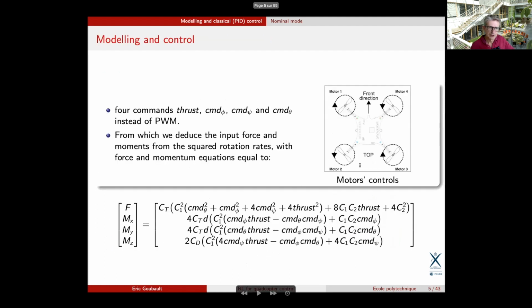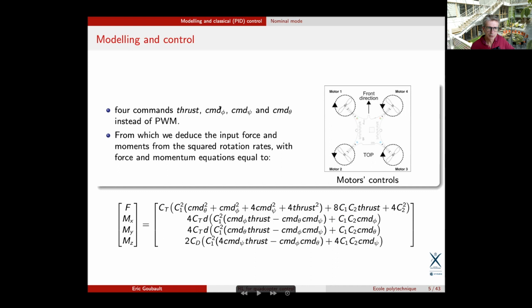Okay. So instead of controlling directly the angular rate of the motors themselves, the PWMs, the pulse width modulations, we're going to control some linear transform on the PWMs. So thrust is the sum of the four PWMs, and common phi, common psi, and common theta are some barycenters of these PWMs.